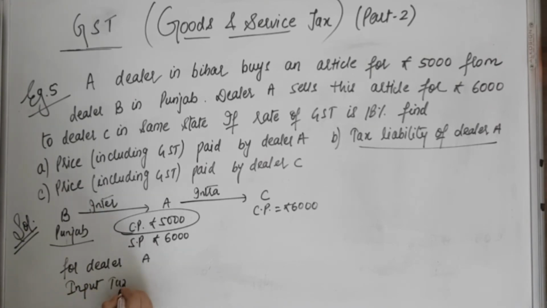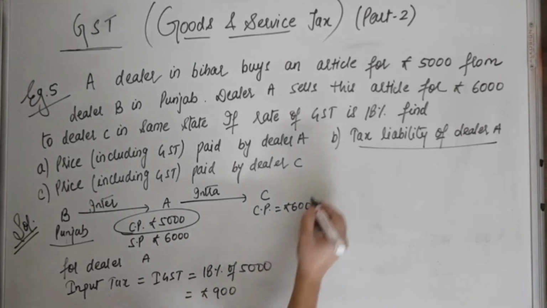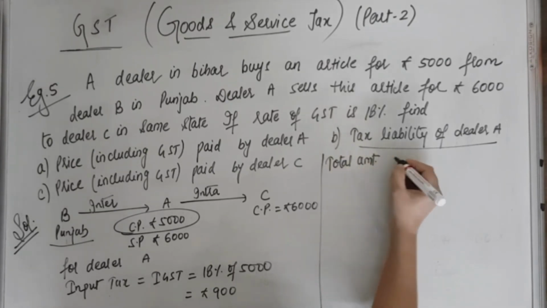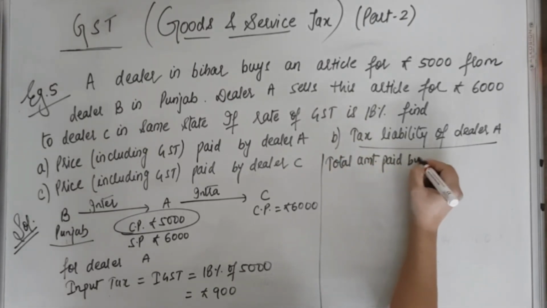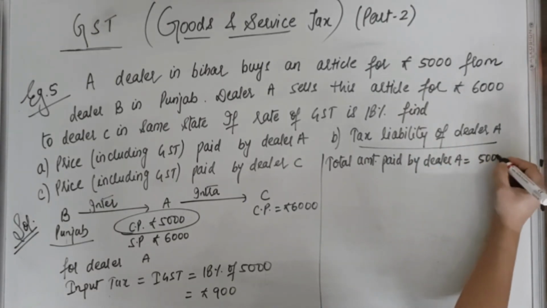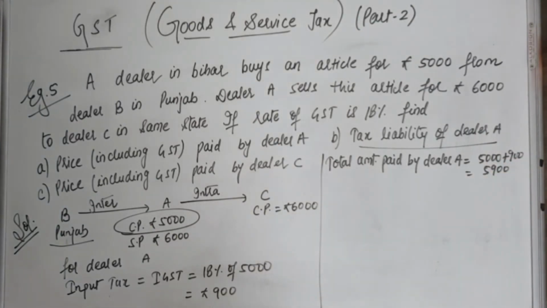Because it is a case of interstate, directly we will calculate IGST, that is 18% of 5000, we will get rupees 900. So this he will pay as a tax. So total amount paid by dealer A will be 5000 plus 900. So that will be 5900.